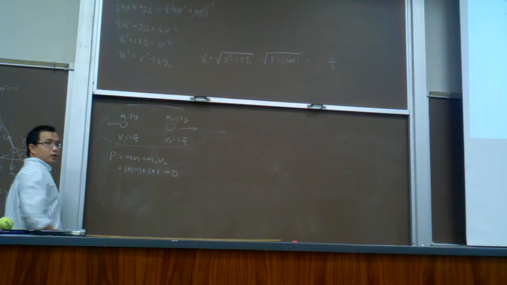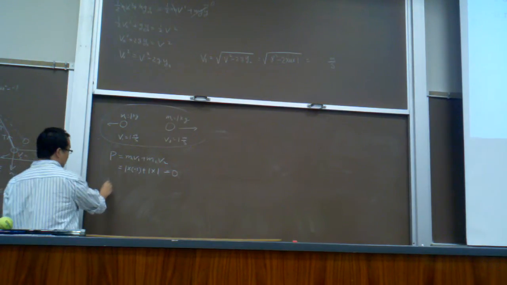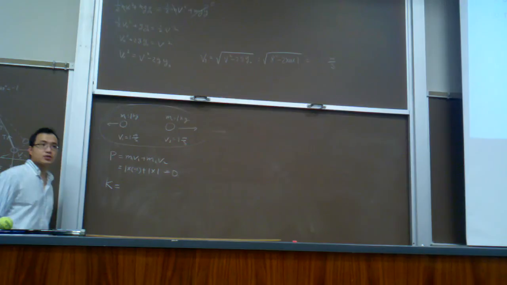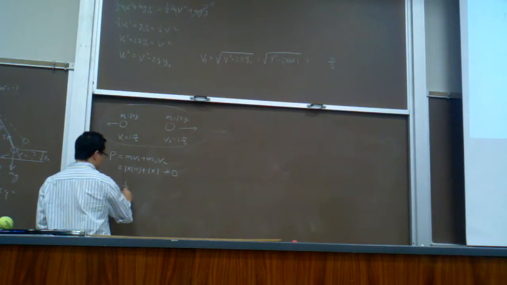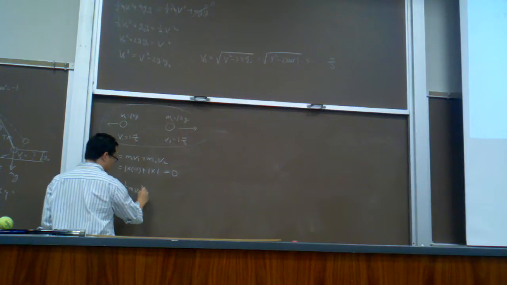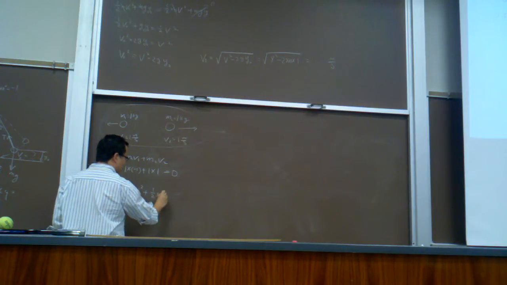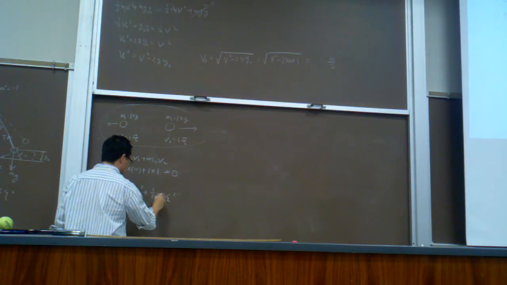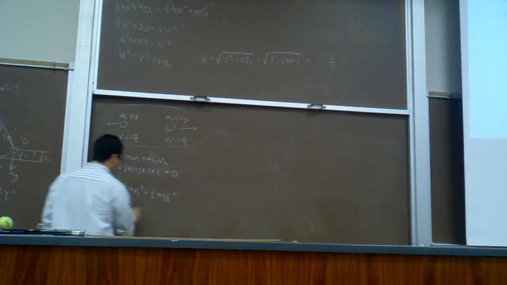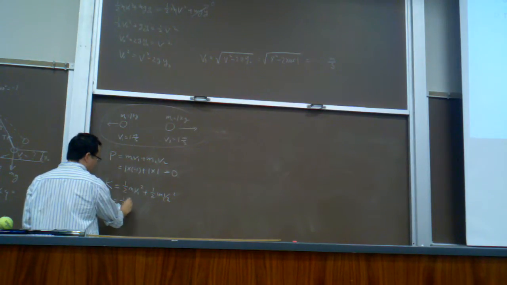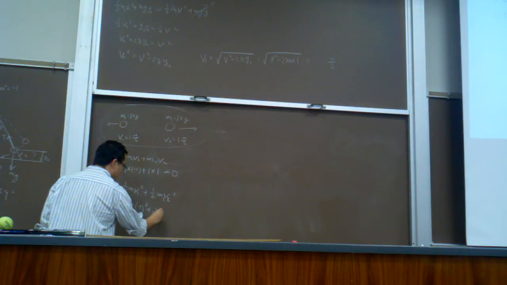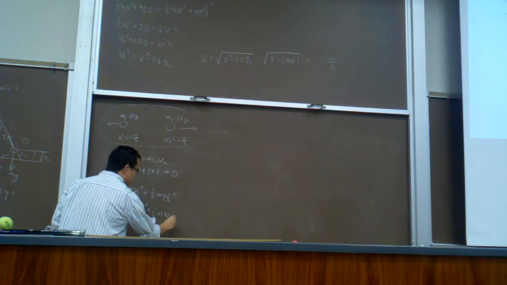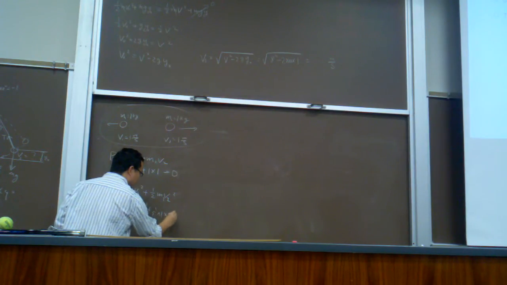And in comparison, if you try to calculate the total kinetic energy of the system, it's 1/2 m1 v1 squared plus 1/2 m2 v2 squared. So it's 1/2 times 1 times negative 1 squared plus 1/2 times 1 times positive 1 squared.